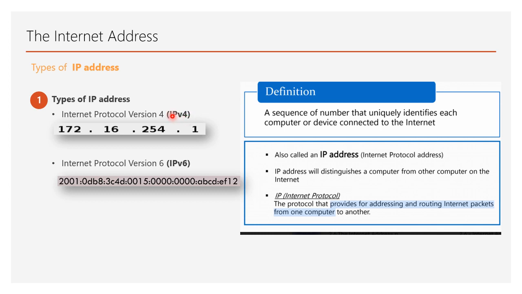The IPv4 and the IPv6. Now, the Internet Protocol address provides for addressing and routing Internet packets from one computer to another computer on the network. So, IPv4 and IPv6 allow the information or the Internet packets to be routed on the network.